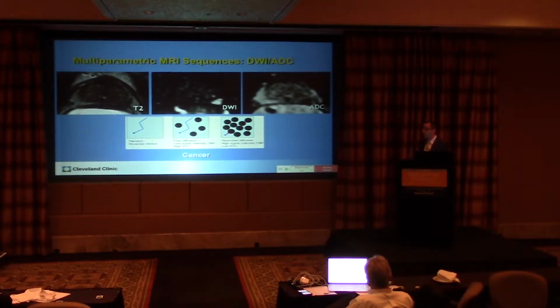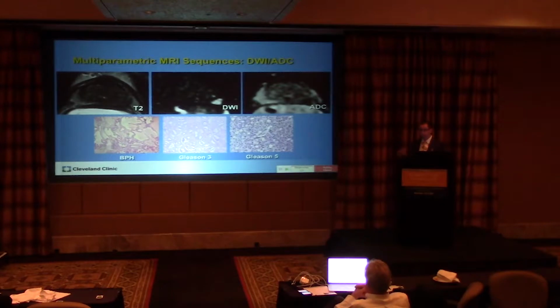So water can easily diffuse through the tissues, and so you'd expect a high ADC value, so that appears bright on the ADC images. Whereas with tightly packed cells, such as in high-risk prostate cancer, it is hard for water to diffuse through the tissues, and so the ADC value will be lower. And what has been shown is that the grade of the tumor is inversely related to the ADC value.